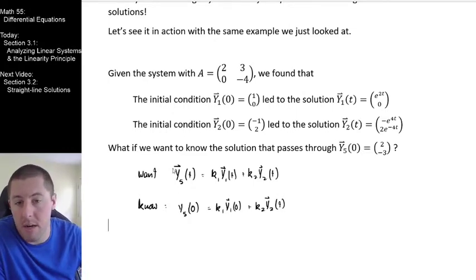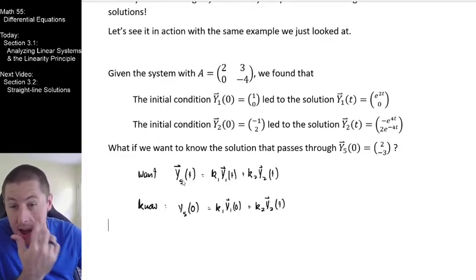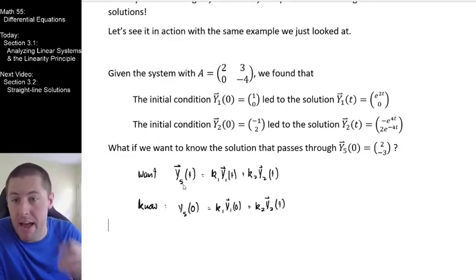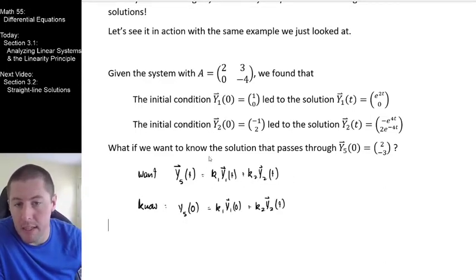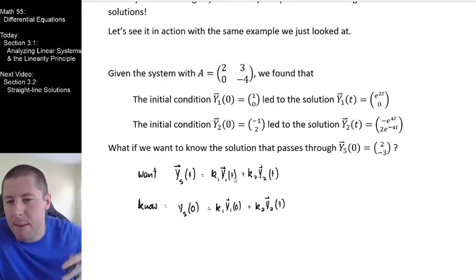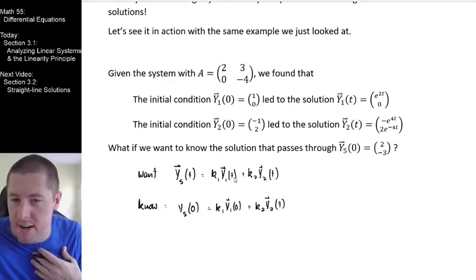So what I want to come up with is a general equation for y5. And remember, when I say y5, I really mean the vector y5 that has x of t and y of t within it. I want to build it as a linear combination of the vectors, the solutions, the first solution that we've got and the second solution that we've got. But my problem is I don't know what K1 and K2 I should pick to make it be the perfect one that goes through my desired initial condition.